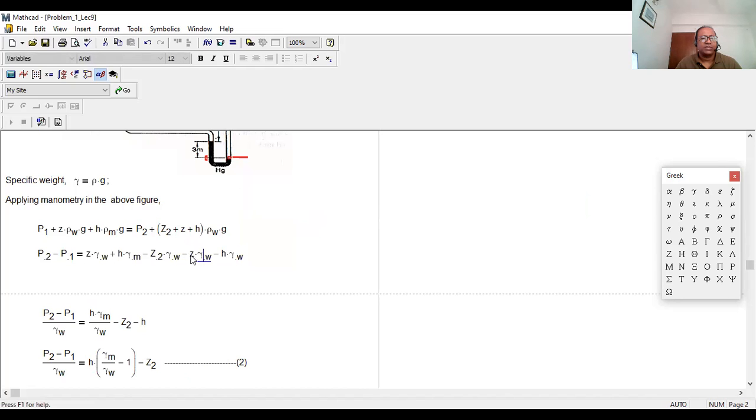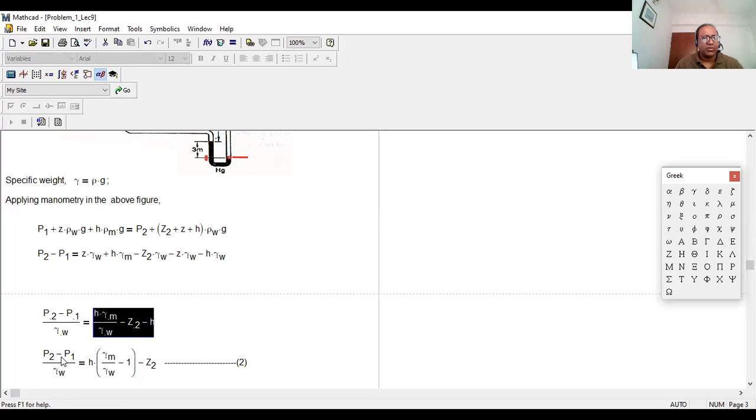This term Z gamma W, Z gamma W. Then both sides, you divide by gamma W. So finally you get this one. H, this is out already. H gamma M by gamma W. Over here gamma W will be out, only Z2. Z2, then gamma W will be out, only H.